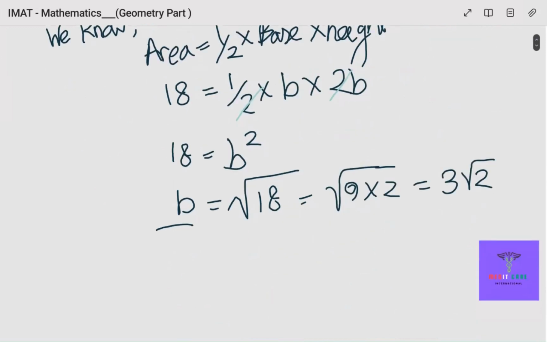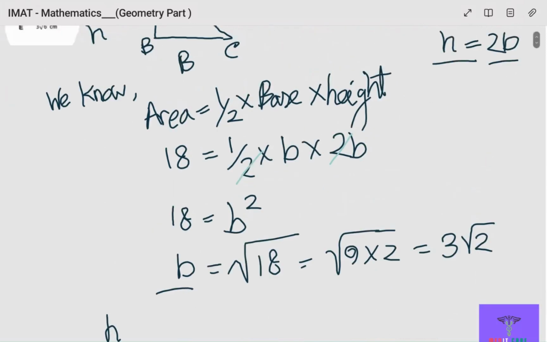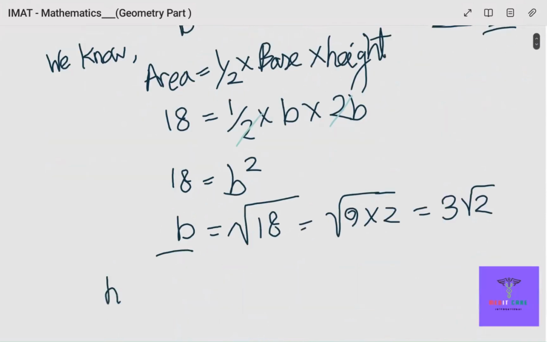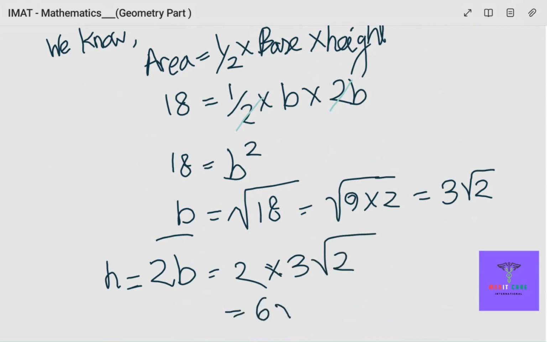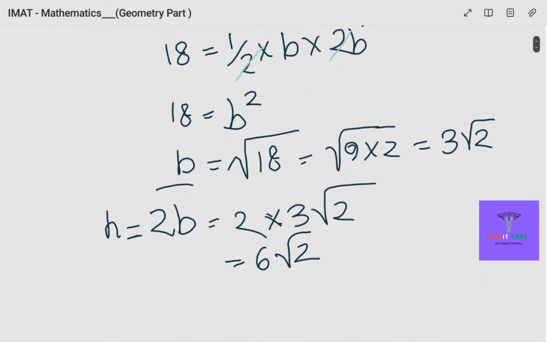Now we can find the height easily. As we know, h equal to 2b, so we'll put the value for b. h equal to 2 into 3 root over 2, which is 6 root over 2. So now we got the value for height.